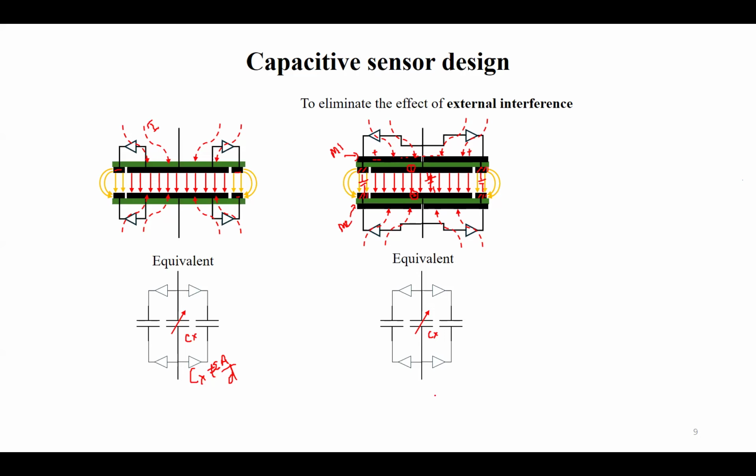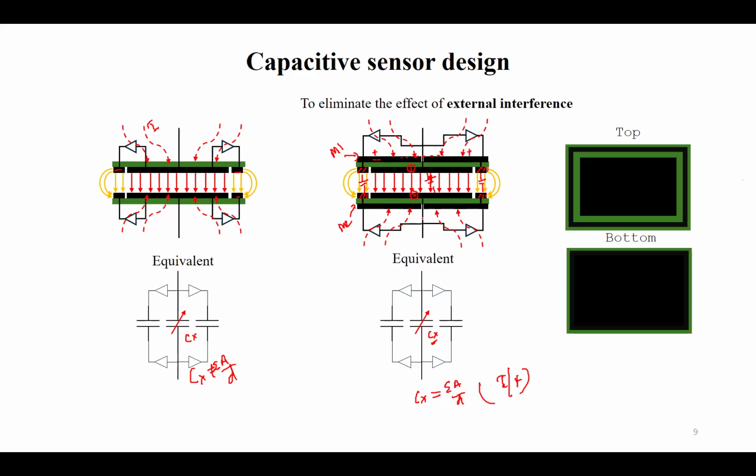Again, the equivalent circuit will be the same as the previous one, and definitely the CX will be independent of the interferences as well as the fringing field, right? So this is a better design for the capacitive sensor to overcome these two interferences.